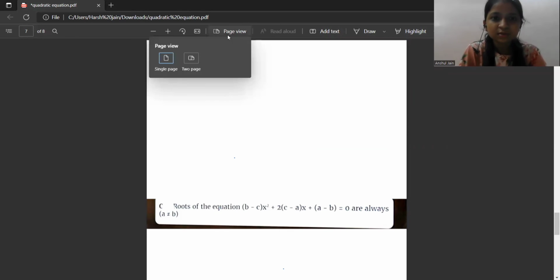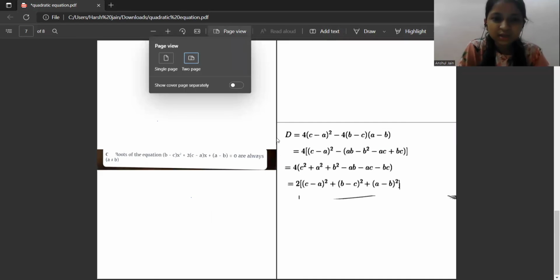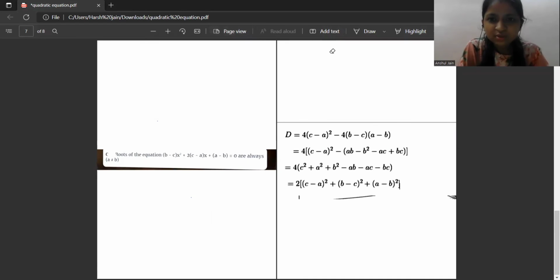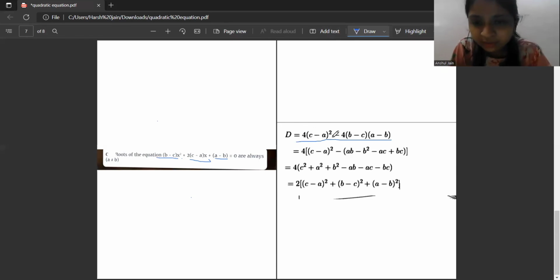So first of all, for that we need to find out the discriminant, which is given by this. D is equal to 4(c minus a) square minus 4(b minus c)(a minus b), that is, the square of this term minus 4 times this term and that term, as compared with the quadratic equation, right?